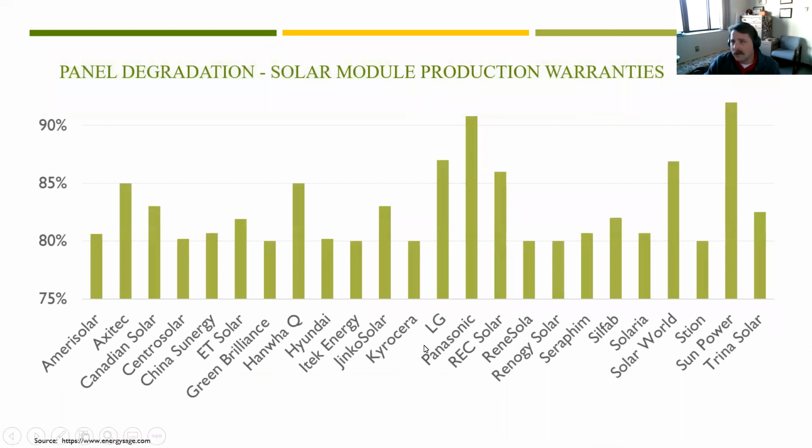Solar panels do degrade over time. They sit in the sun, and the sun beats down on them and degrades the materials and things like that. And the solar industry has come up with some definitions of what is acceptable degradation.